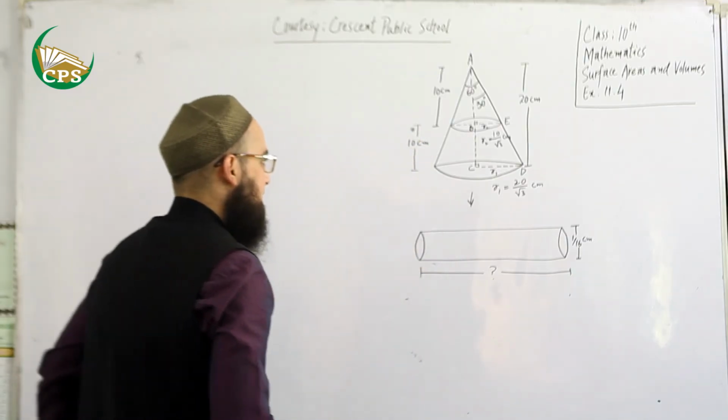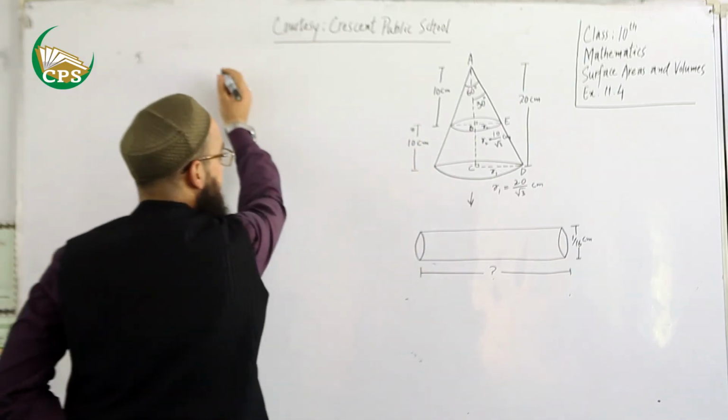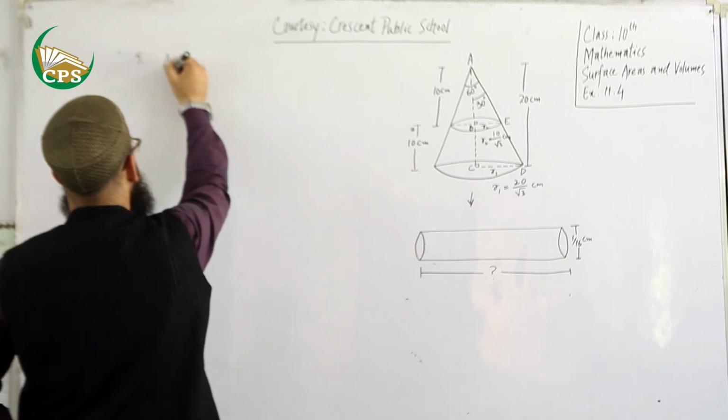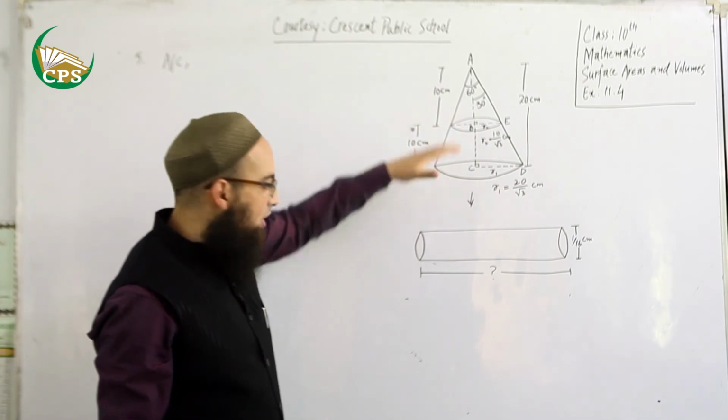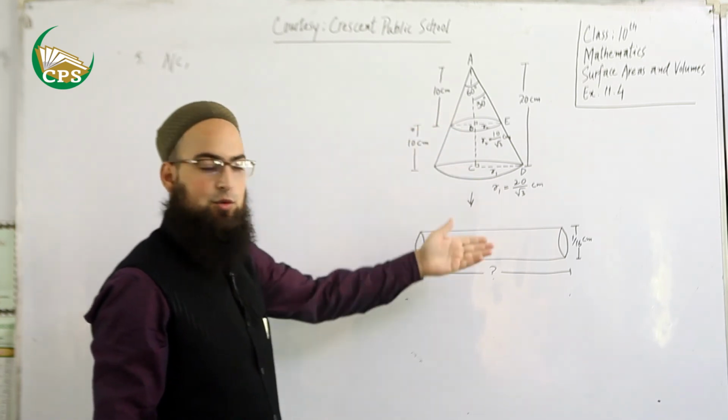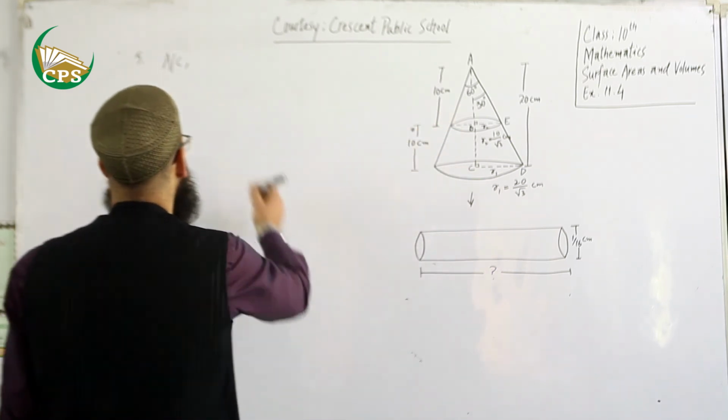Now, according to the condition, the question says that this frustum is drawn into a wire. That means the volume of the frustum would be equal to the volume of the wire.